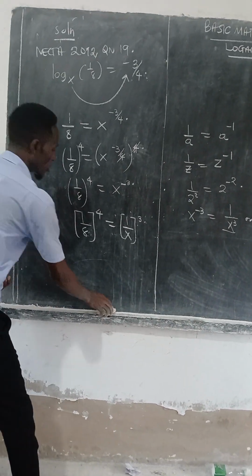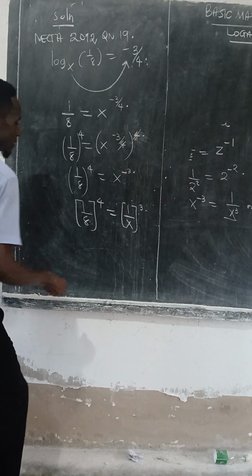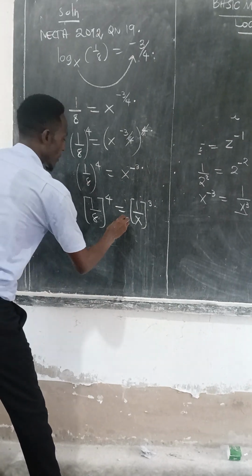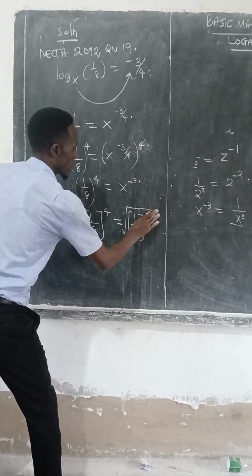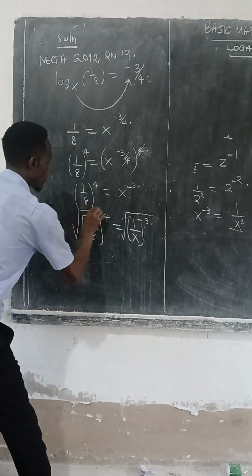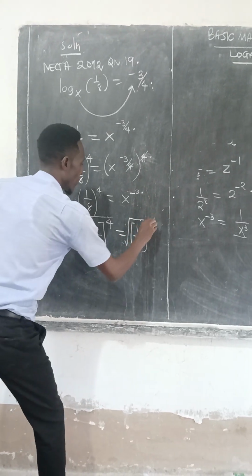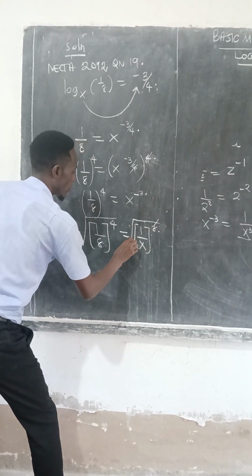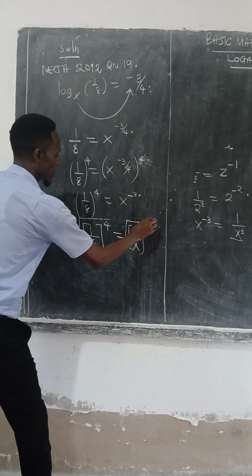So just continue here to find the value of x. You just put the cube root on both sides, and the cube root will cancel the exponent 3 here.